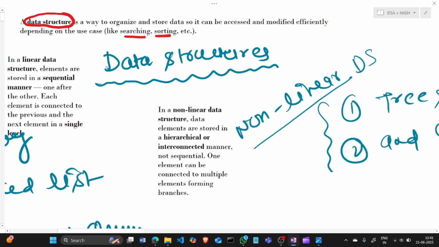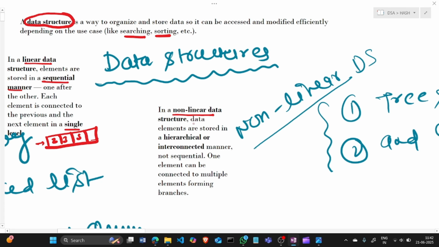Data structure is of two types: linear data structure and non-linear data structure. The linear data structure means the elements are stored in a sequential manner, like an array, one after another in a single level. There is no hierarchy, they are all connected in one level.